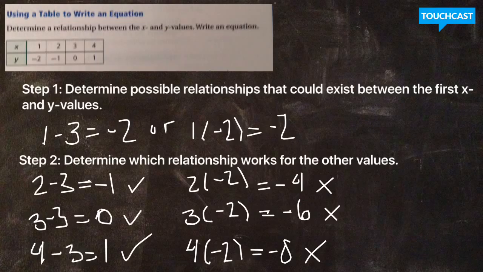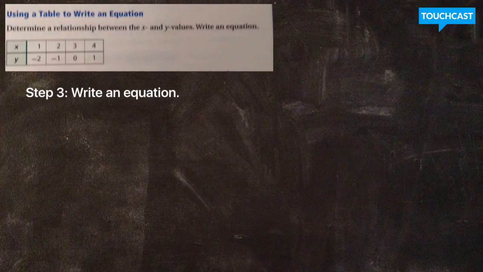So step 3 now is we are going to write our equation. Now there are a few things an equation needs to have. We're going to have a y in our equation, and because equations sound like equals, we also need to have an equal sign. So y is going to equal. Now, we said we were taking a number and subtracting 3 from it.